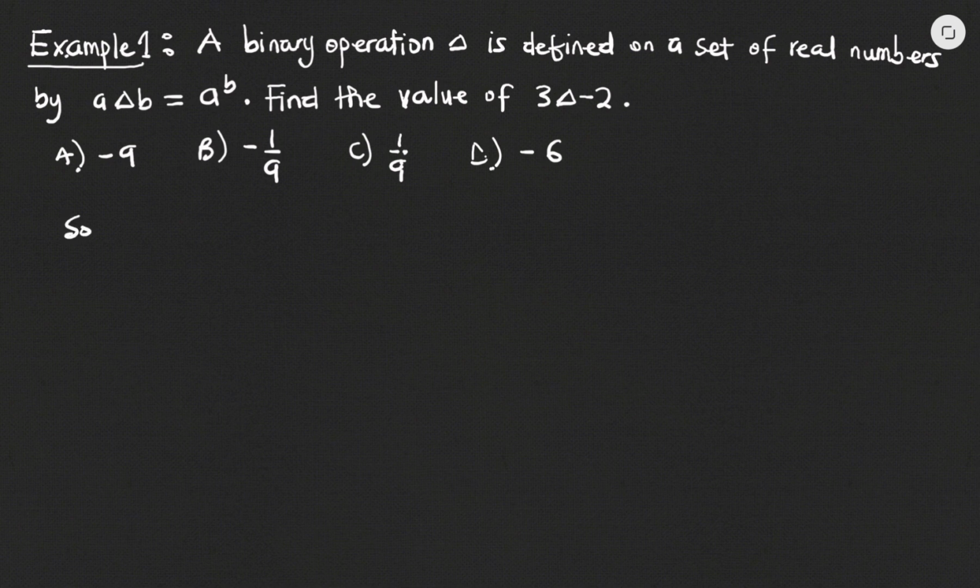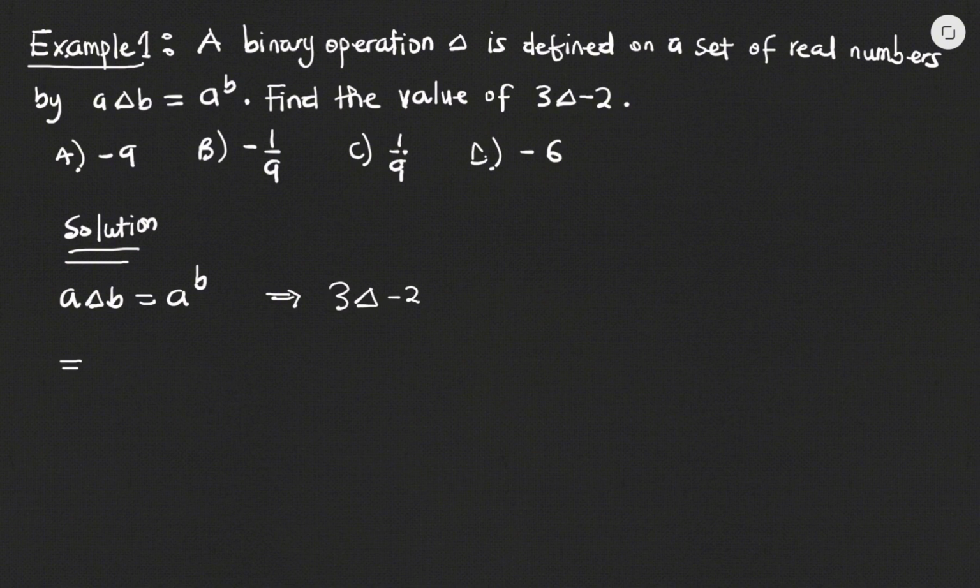So we write down our solution. Now we're told that the operation is defined on a set of real numbers as A operation B is equal to A raised to the power B. In this case, we are to perform the operation on 3 operation negative 2.